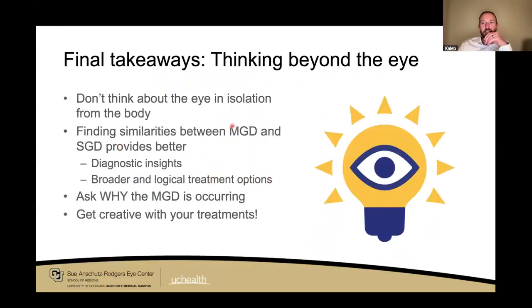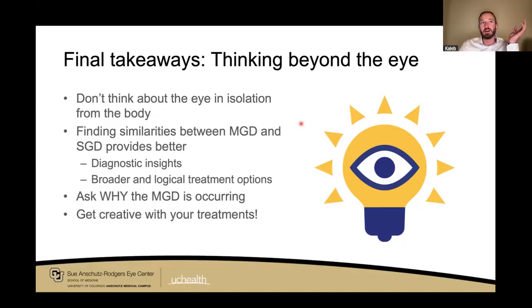So the final takeaways that I have for this section of the talk: don't think about the eye in isolation from the body. There are so many similarities between MGD and SGD. In general, when we think about the eye in relation to what's going on systemically, it gives us much better diagnostic insights, and we can come up with more logical treatments for our patients.